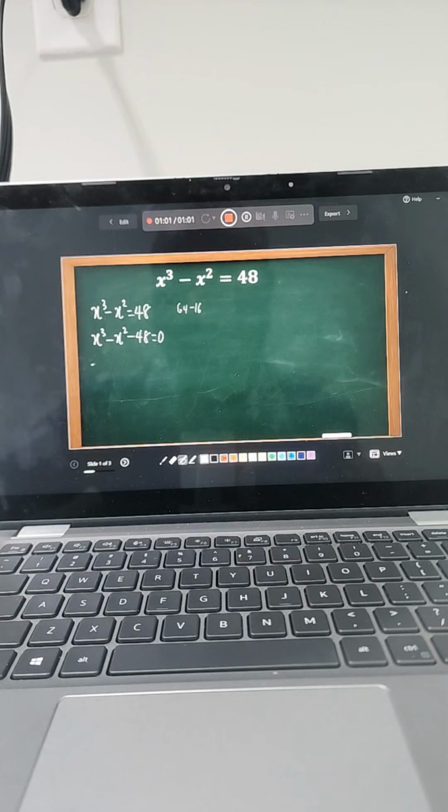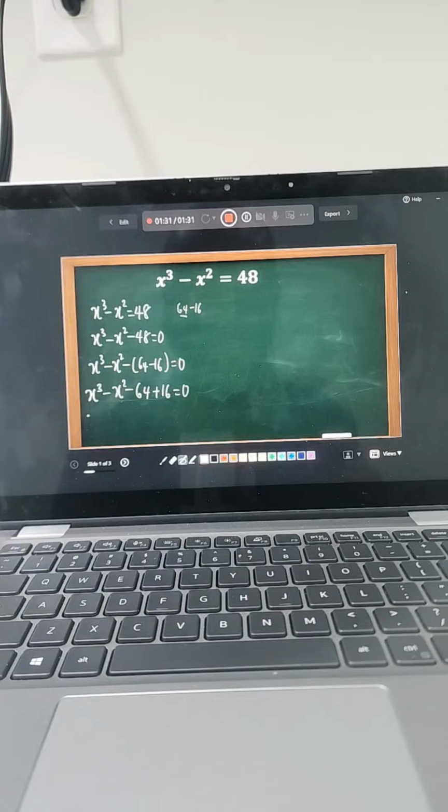So here I'm going to have x to the power of 3 minus x squared, negative 64 plus 16, equals 0. And from here, I can split this as x to the power of 3 minus x to the power of 2 minus 64 plus 16 after distributing, equals 0.